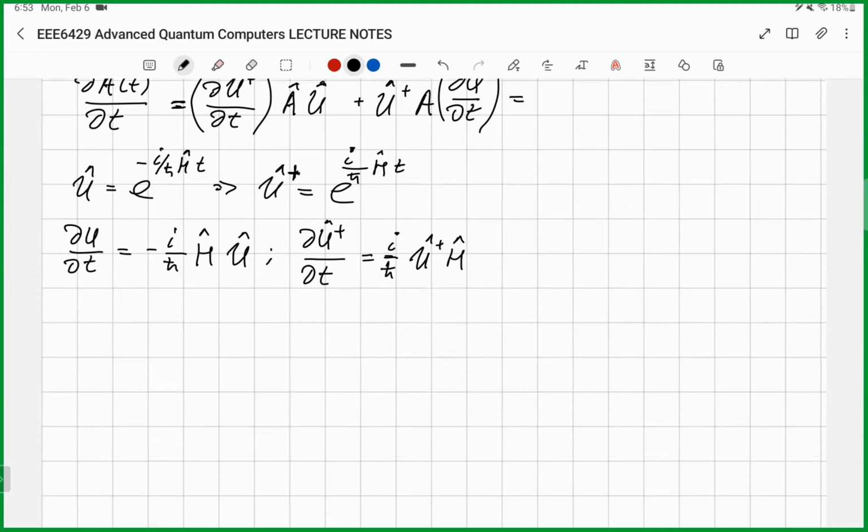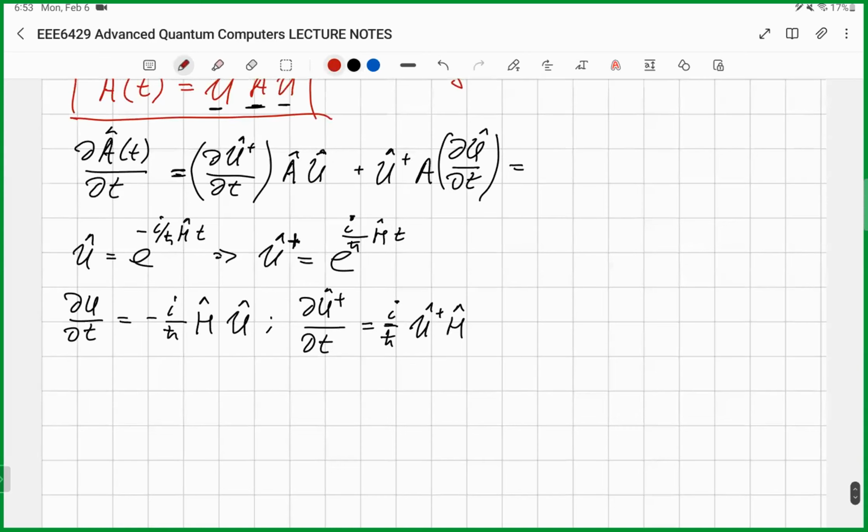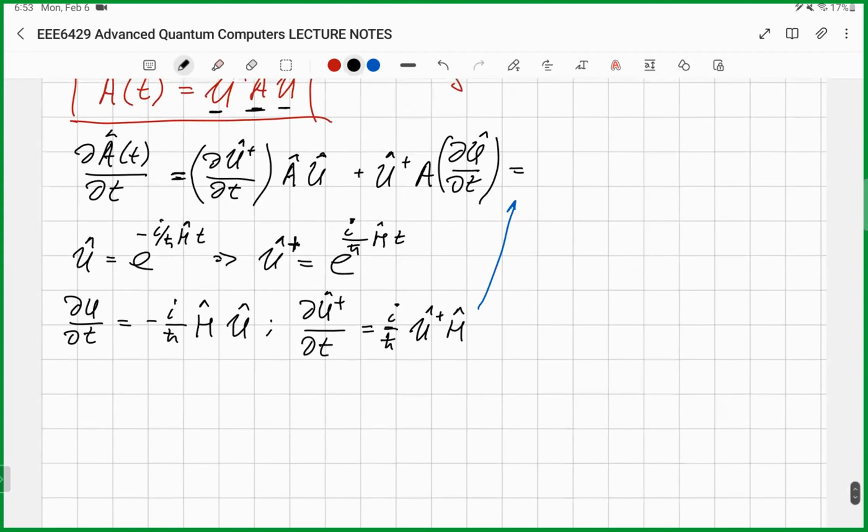So now I can plug these two formulas into this one, and I'll get what?